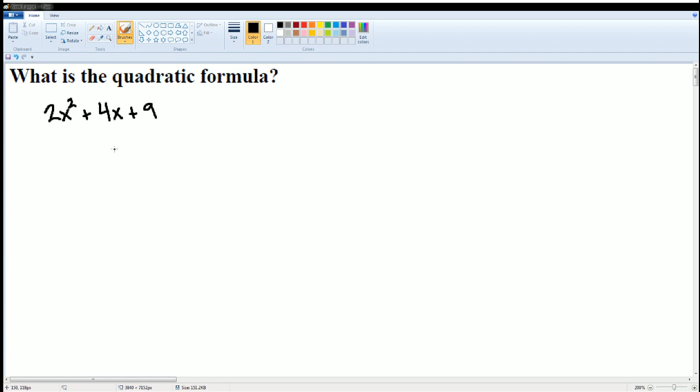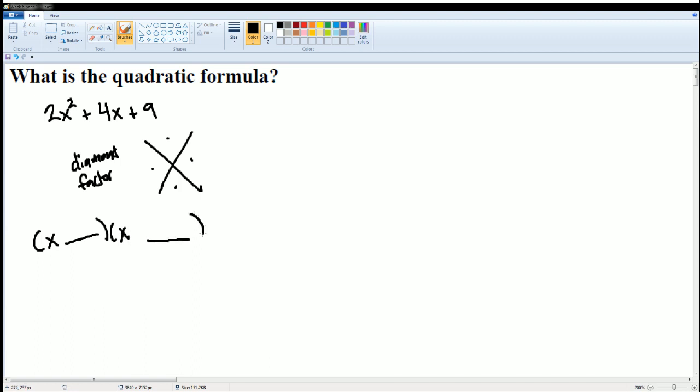Then we did the diamond method of factoring, where we found a bunch of numbers. Then we get something like (x + something)(x + something else). Remember, this was the process of factoring.